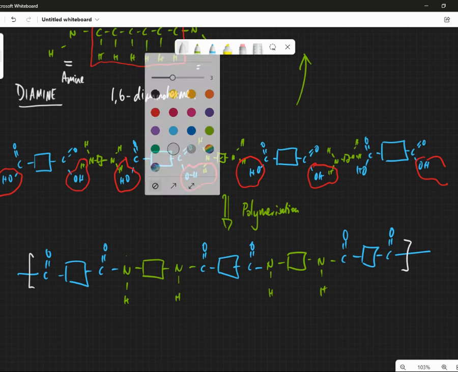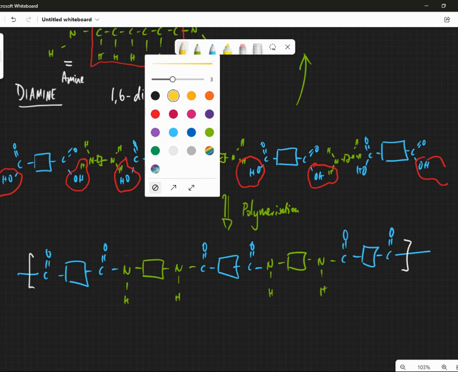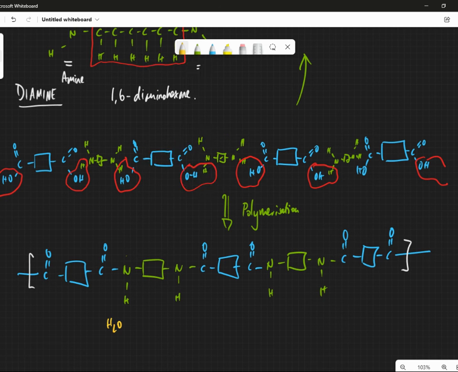And as you all know, every time there's one of these links, we get a water. There's water there, water there, water splits off.